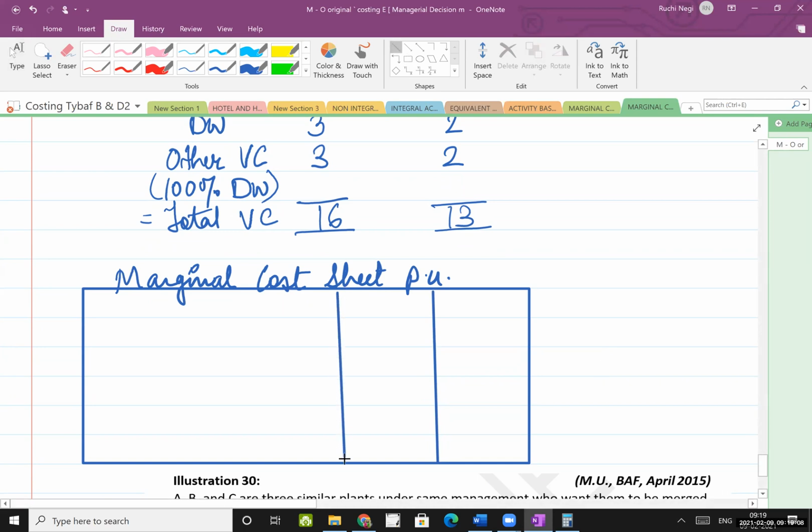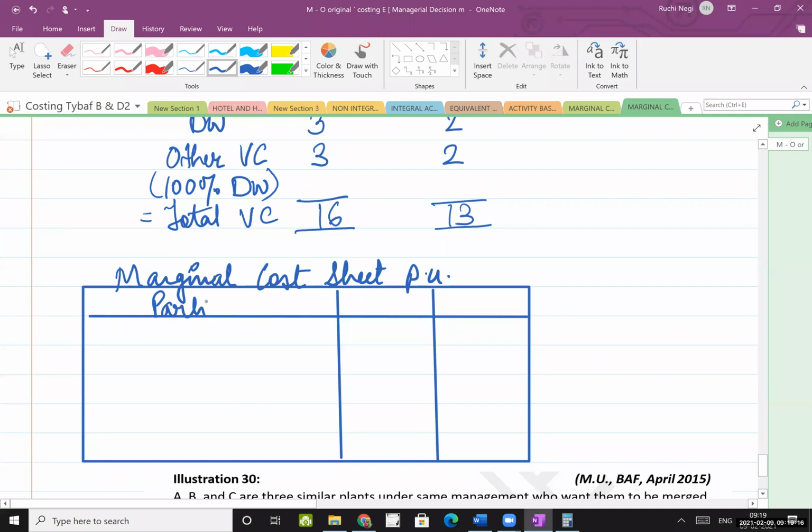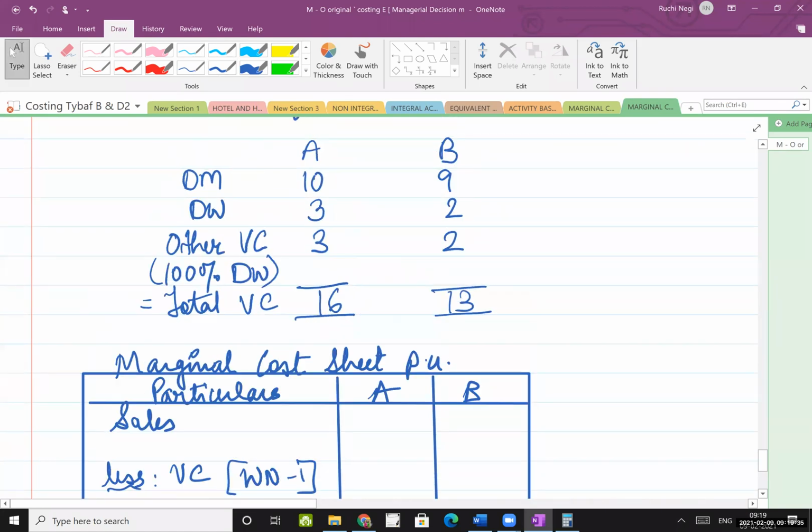A, B. Okay, particulars. Product A, product B. Sales less variable cost. Variable cost we have got from working note number 1.